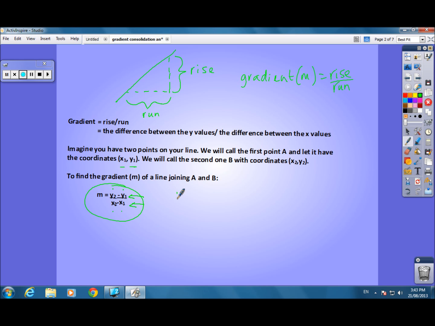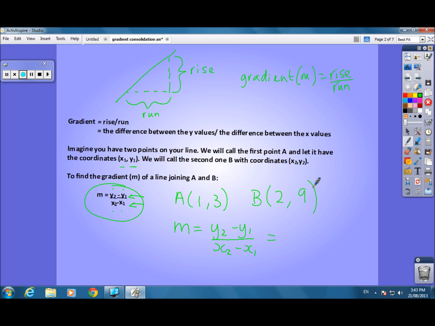So let's have a look at an example. Say I've got a point 1, 3, let's call that A, and another point B, which is, I don't know, 2, 9. And we want to find the gradient of the line between those 2 points. And I can't be bothered drawing up a graph and looking at a triangle. So I simply say m is equal to y2 minus y1 over x2 minus x1.